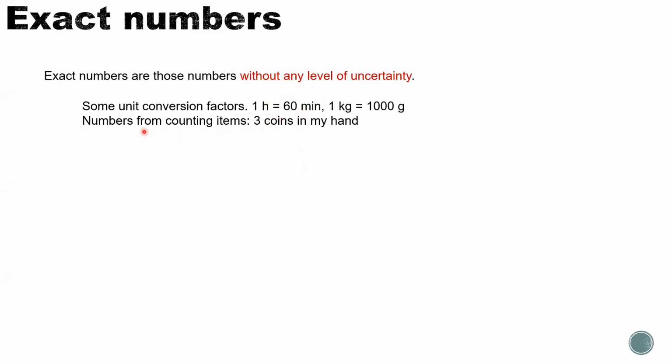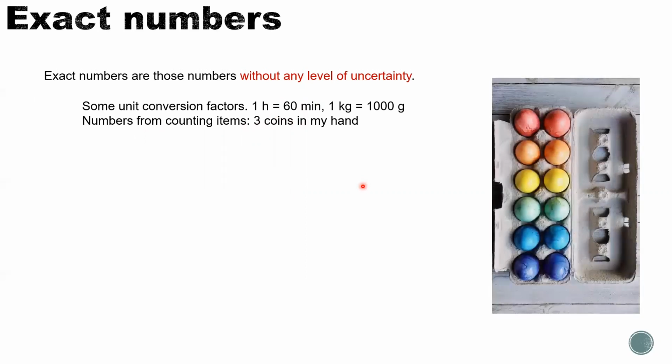Another case for exact numbers is the counting numbers. For example, I have 3 coins in my hand. That number 3 does not have any uncertainty with it. Also, if we say there are a dozen eggs in this box, you counted it's 12 eggs, no more, no less. So the counting numbers are exact numbers. So here's the question.